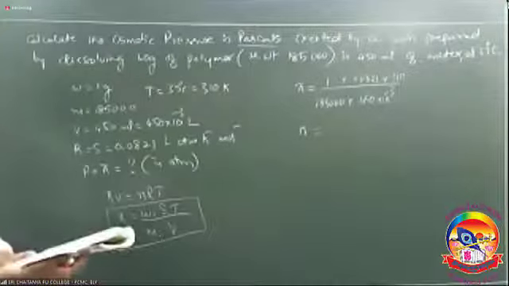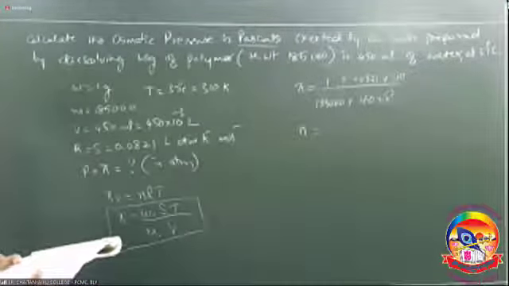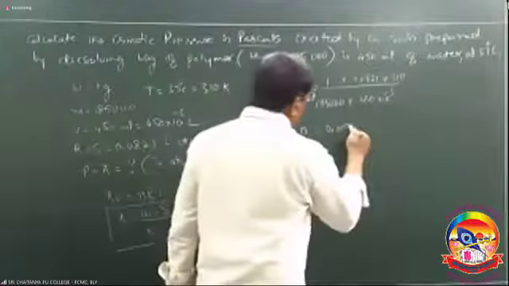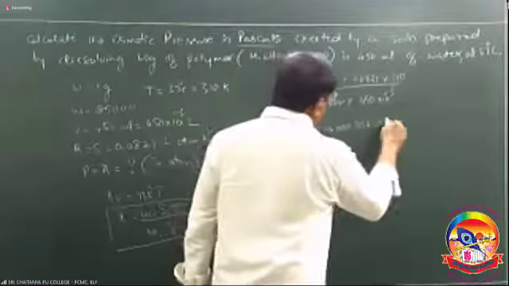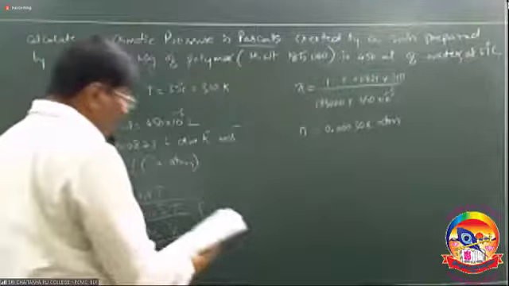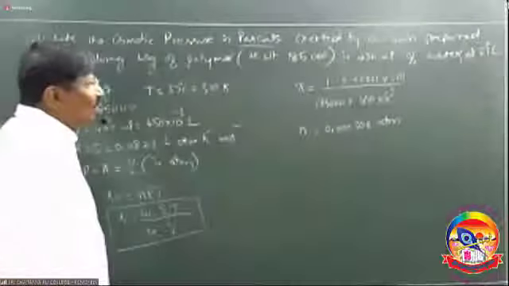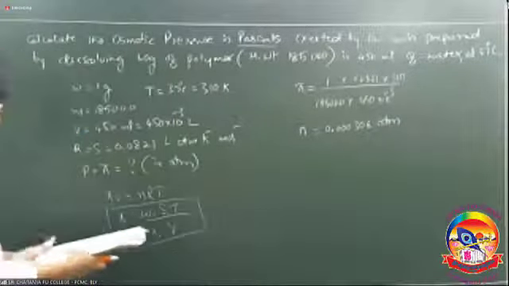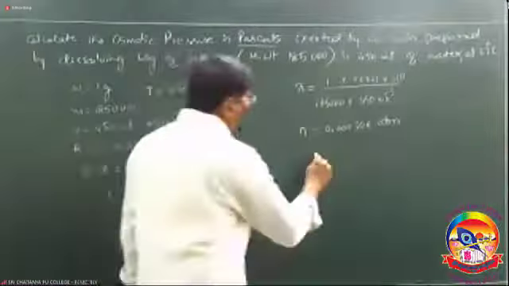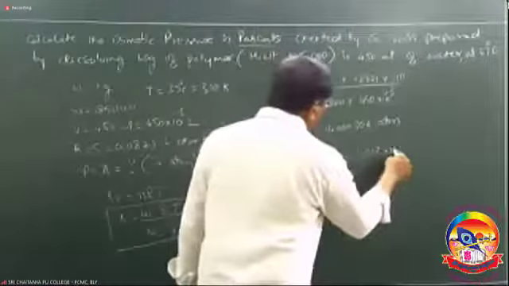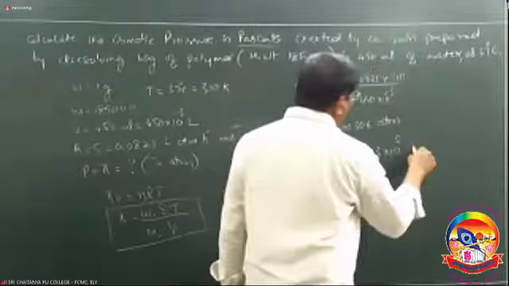So the pi value will be 0.000306 atmospheres. You will get it like that. Now see, 1 atm is equal to 1.013 into 10 power 5 pascals.